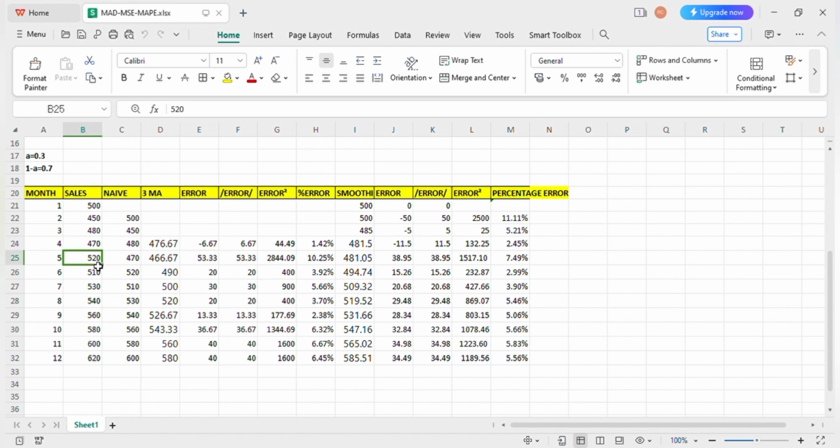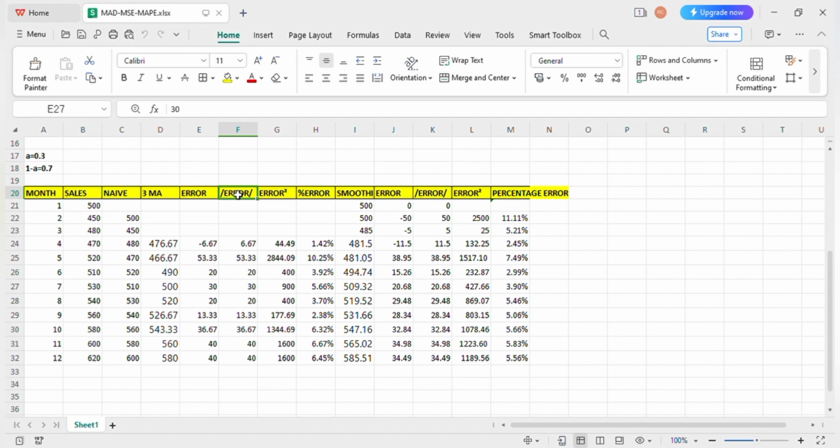The 520 here, the actual sales, minus 466.67, we get 53.33. And 510 minus 490, we get 20. And 530 minus 500, we get 30, and so on. That's the principle of how we calculate the error.